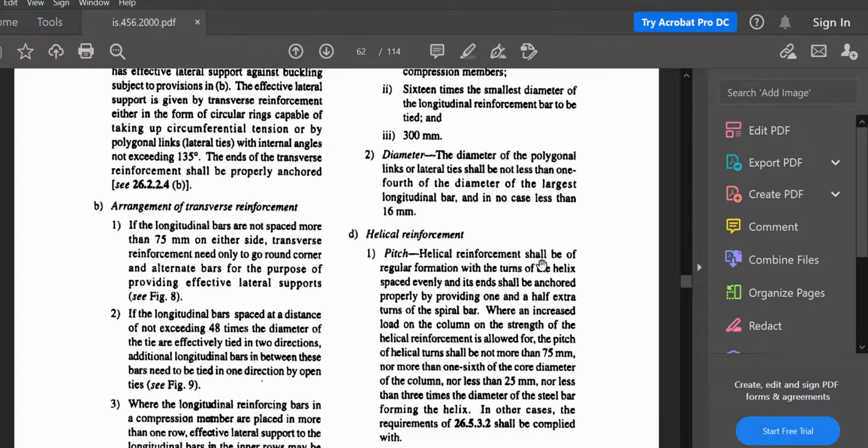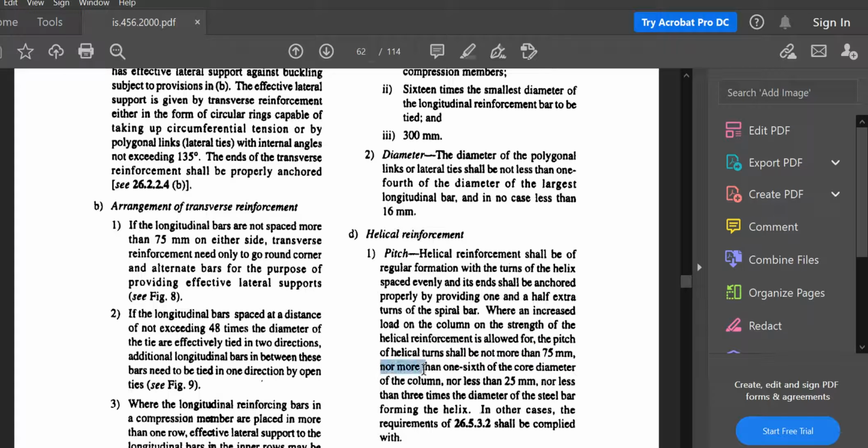The helical reinforcement shall be of regular formation, with the turns of the helix spaced evenly, and its end shall be anchored properly by providing 1.5 extra turns of the spiral bar. When an increased load on the column on the strength of the helical reinforcement is allowed for, the pitch of the helical turns shall not be more than 75 mm. That is the first condition. The pitch shall not be more than 75 mm.